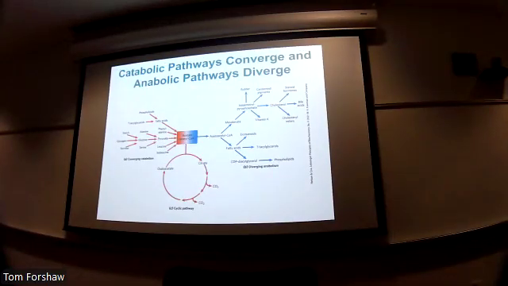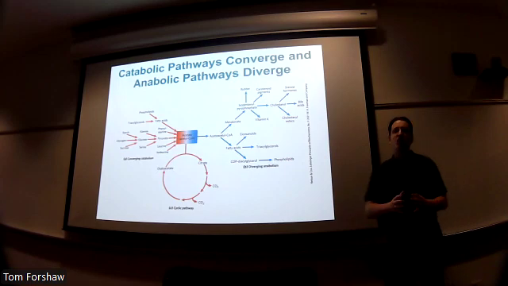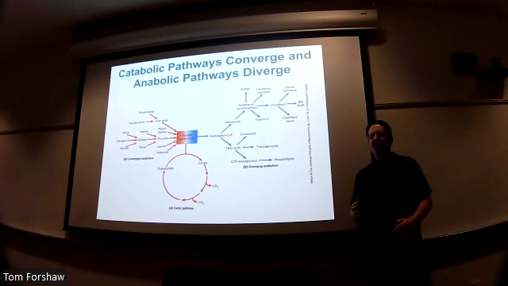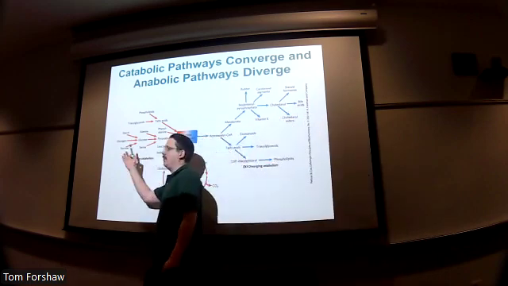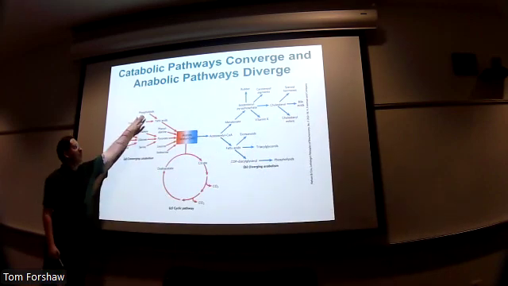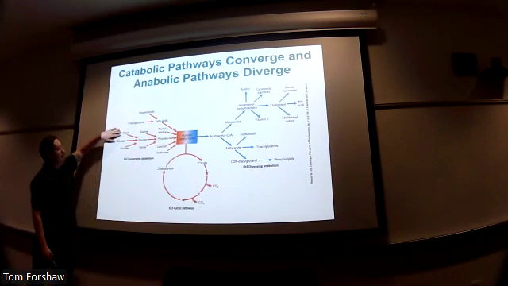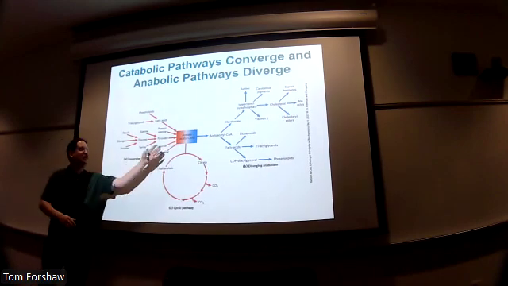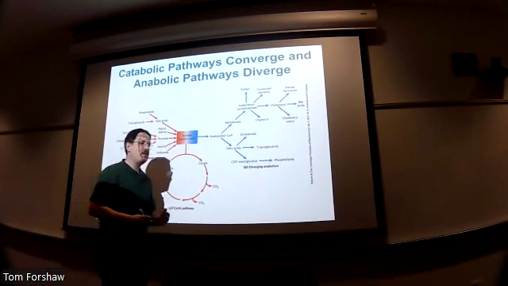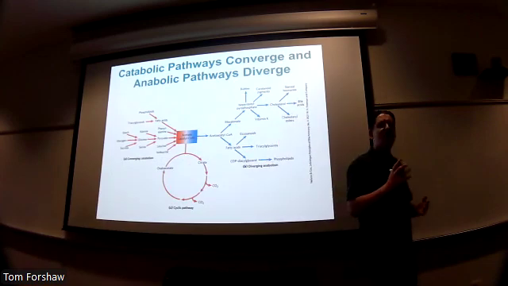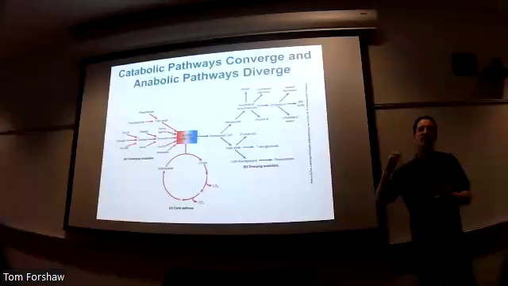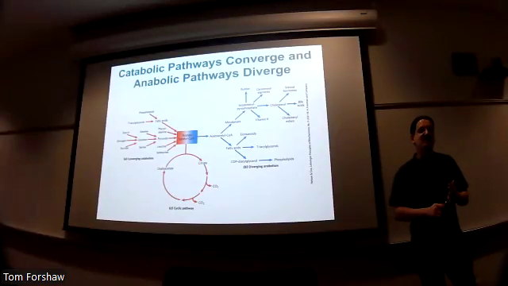And this really frames this big concept that I'm quite big on in terms of metabolic biochemistry, is that the catabolic pathways, such as the breakdown of lipids, breakdown of sugars, breakdown of amino acids, catabolic pathways tend to converge. And the thing is, if you think about all of the different molecules which you have in your body, all of the different fats, all of the different phospholipids, all of the different triglycerides, all of the different fatty acids, all of the different steroids, and I'm just talking about lipids.